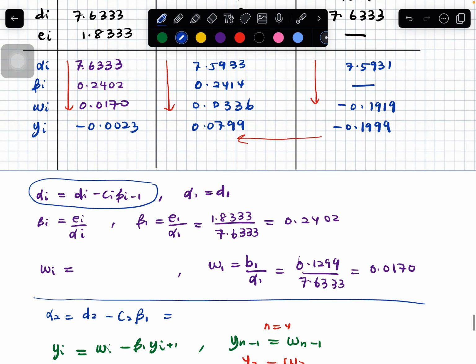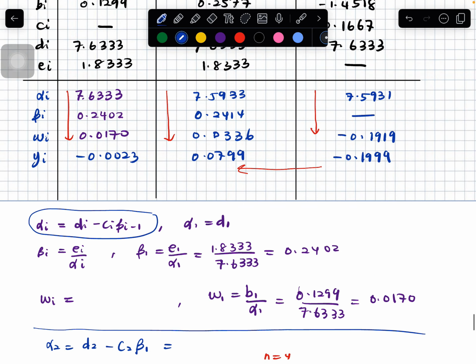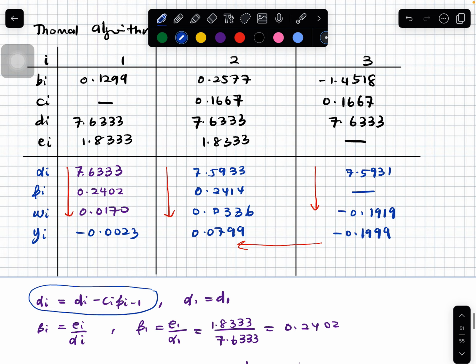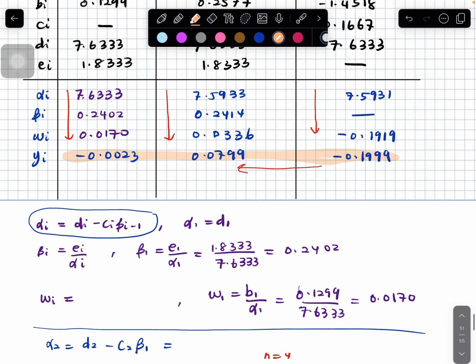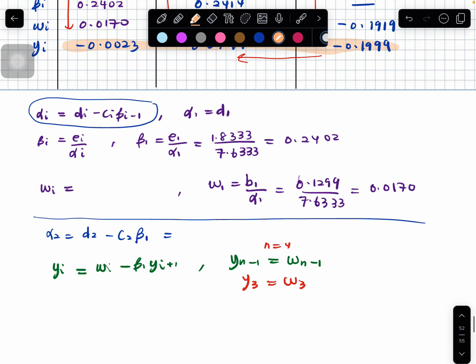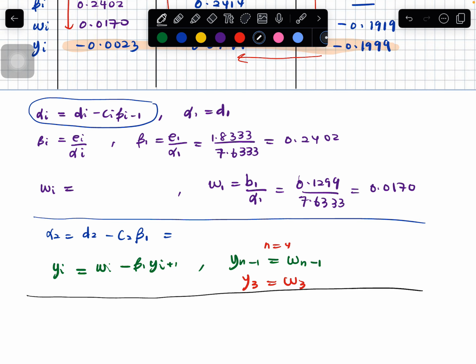Okay, so this is the complete solution for Thomas algorithm. So where is the answer? The answer is located at the last row here. Okay, so you have to report the answer. Therefore, what is the final solution? Remember, you want to find x1, x2, x3, right? Not y.